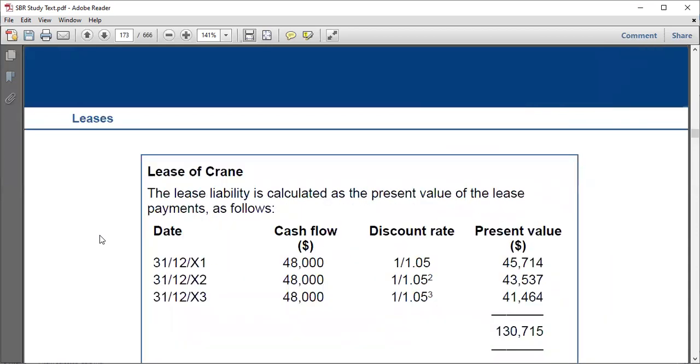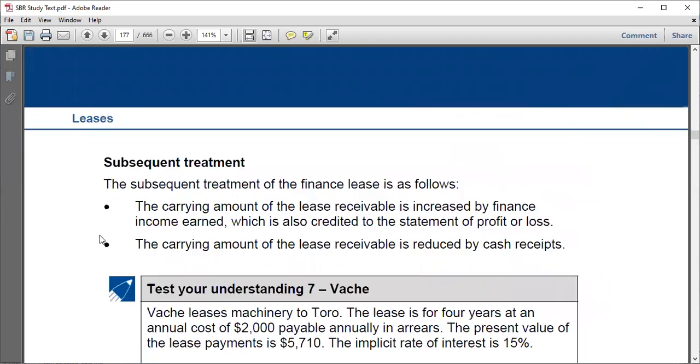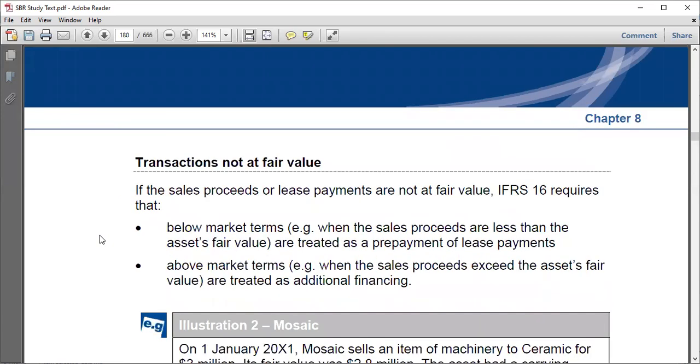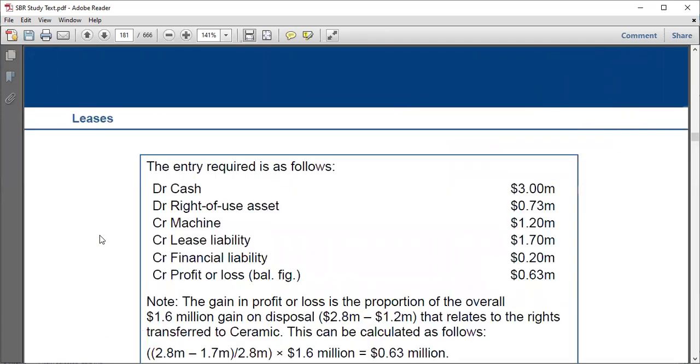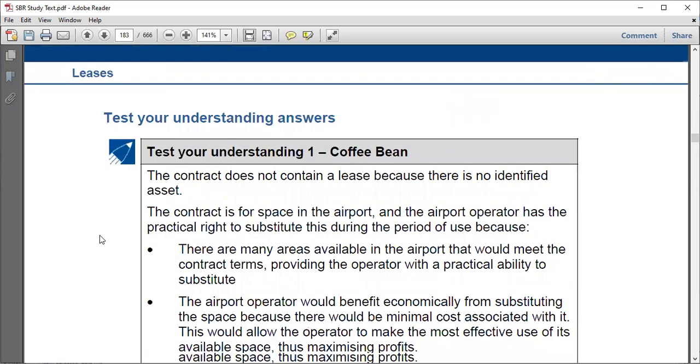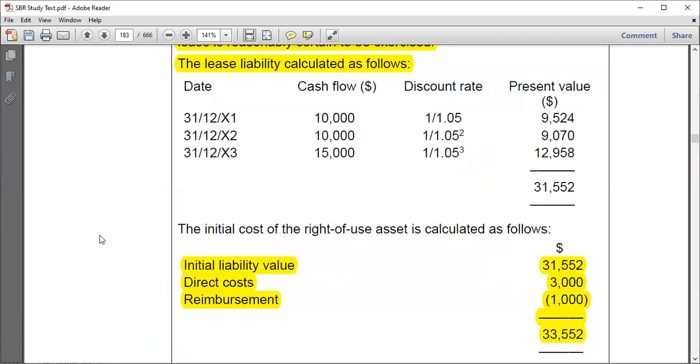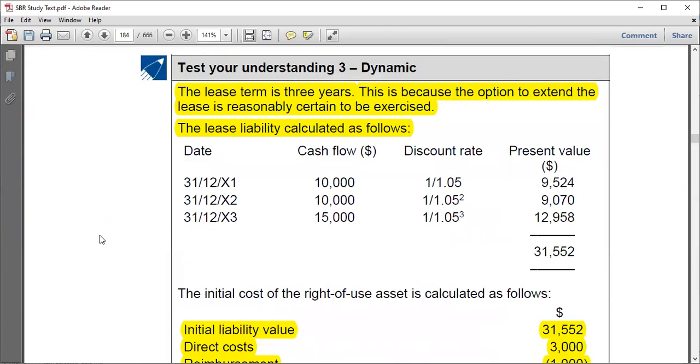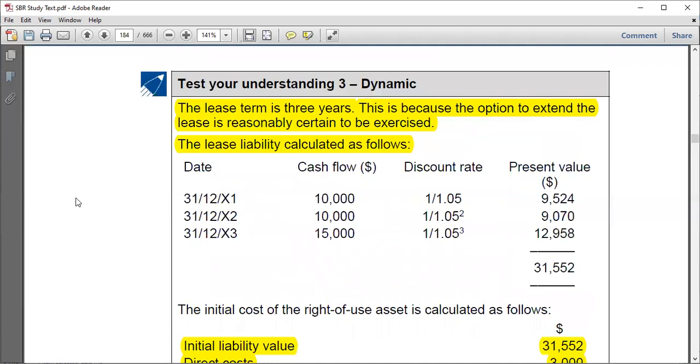Let's find it. Yes, here. We did this yesterday. So we just said to obtain the lease liability, you have 10,000, 10,000, 15,000, and then you discount them and have this figure, this present value.